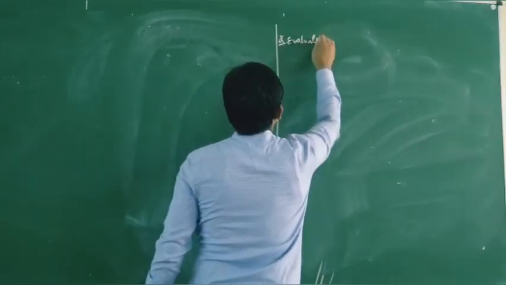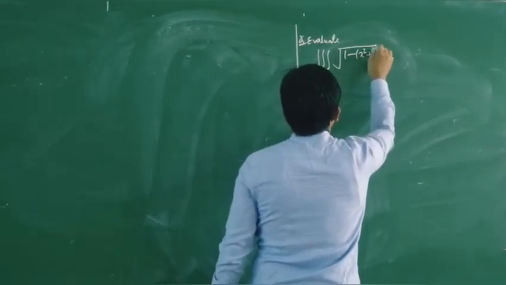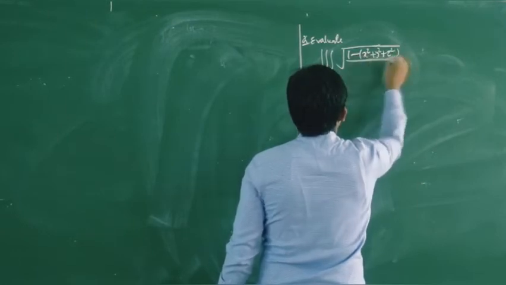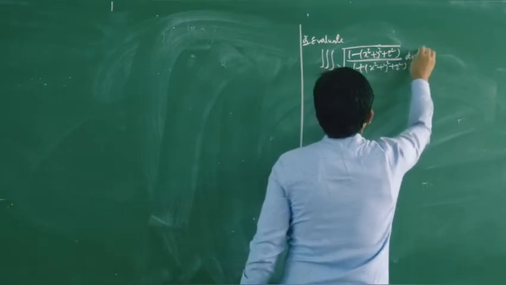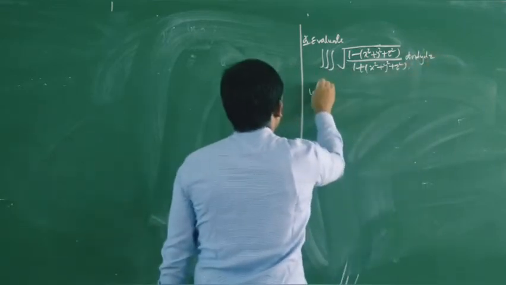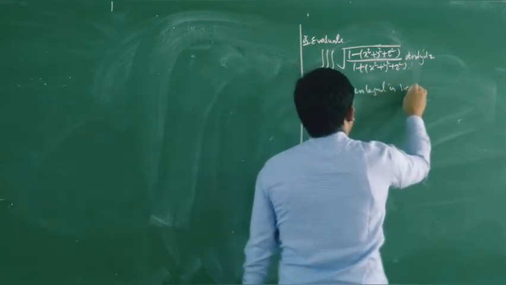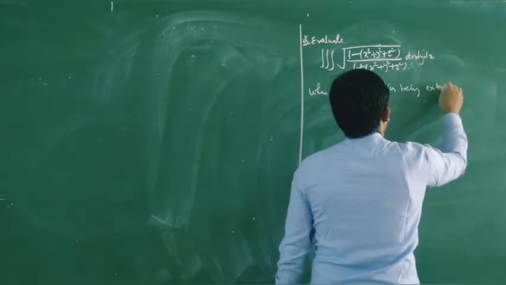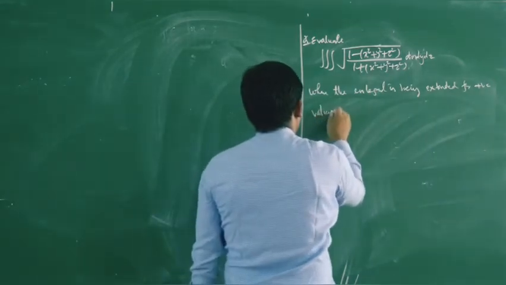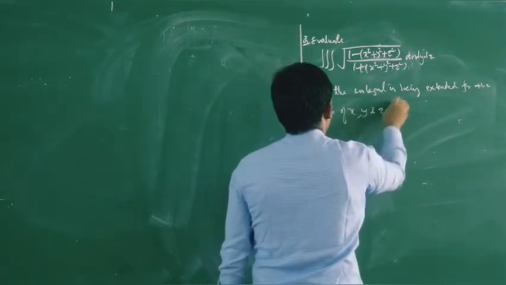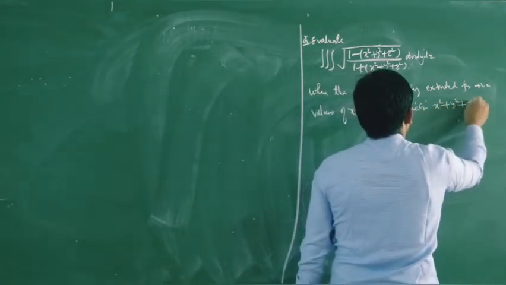Evaluate this triple integral, under root 1 minus x square plus y square plus z square upon 1 plus x square plus y square plus z square dx dy dz, where the integral is being extended for positive values of x, y and z, for which x square plus y square plus z square is less than 1.